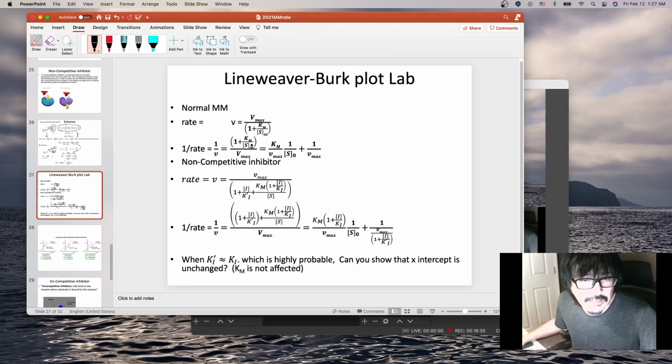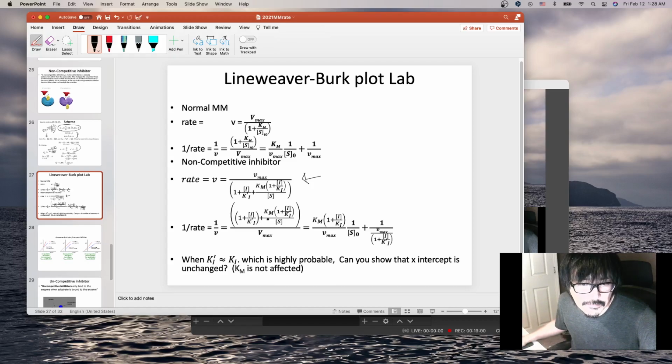So if I actually write out the rate expressions, I can write it in that form right here. And once again, if I want to convert this one into the Lineweaver-Burk plot, I'm going to do 1 over v, right? And 1 over v is equal to, I swap this and then I separate because there's a positive sign.